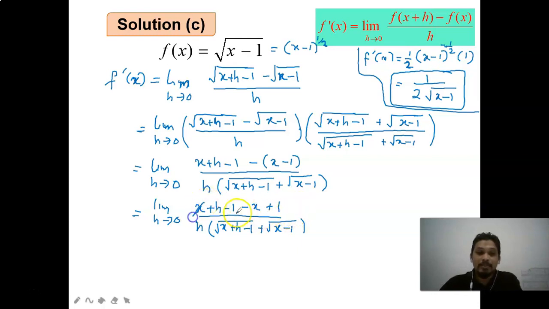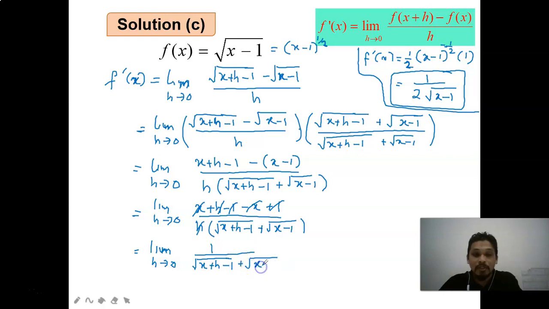Okay, x minus x, negative 1 plus 1. So what's left on the top here is only h. So h divided by h leaves 1. Okay, so the limit as h approaches 0 of 1 divided by the square root of x plus h minus 1 plus the square root of x minus 1.